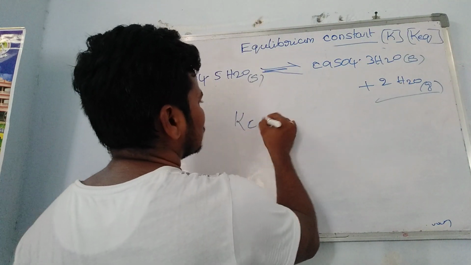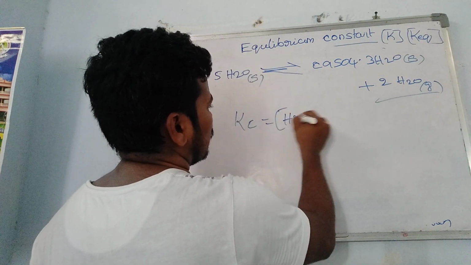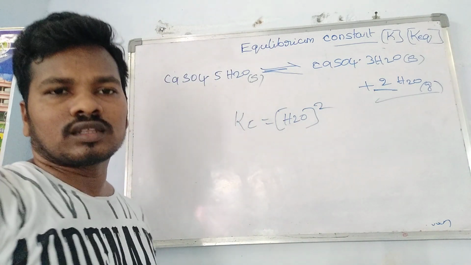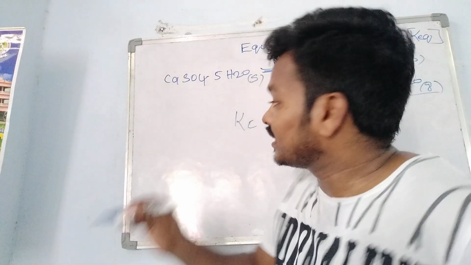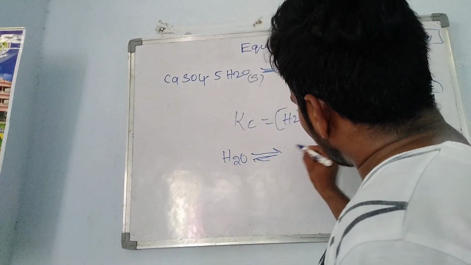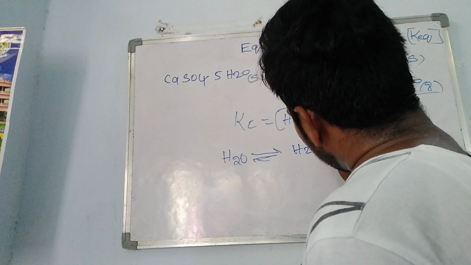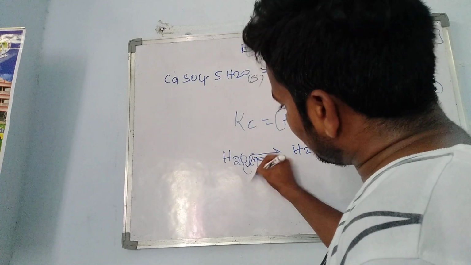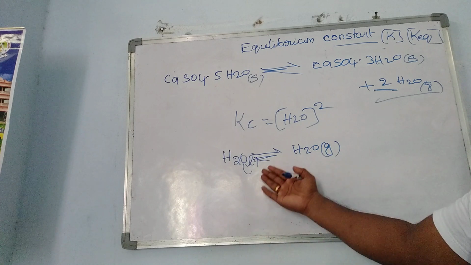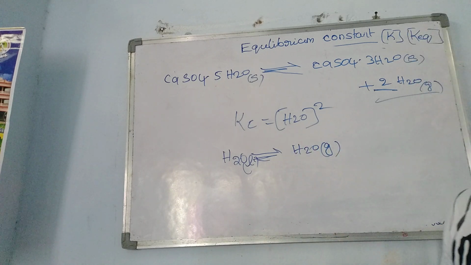So Kc is equal to H2O, and what is the power here? 2. That is the only correct thing. Another example: H2O, one is gas, one is liquid. Here how to write the expression? Before, we neglected the liquid and solid.